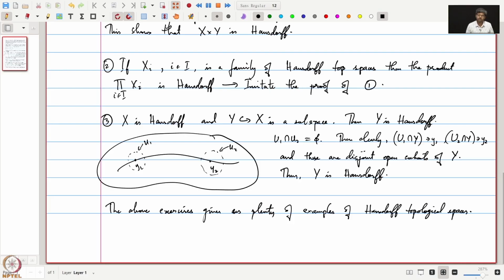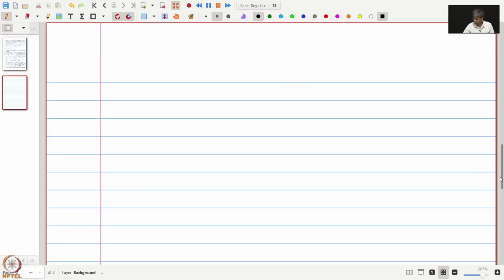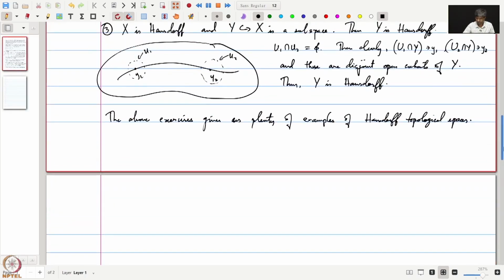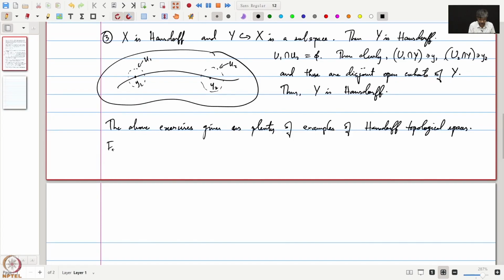We are mostly interested in Hausdorff topological spaces, and we will deal almost exclusively with Hausdorff topological spaces for the rest of this course.